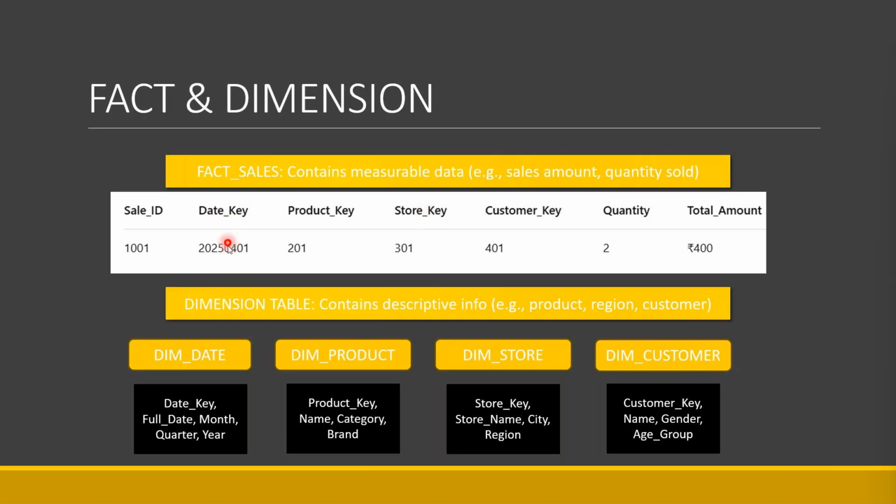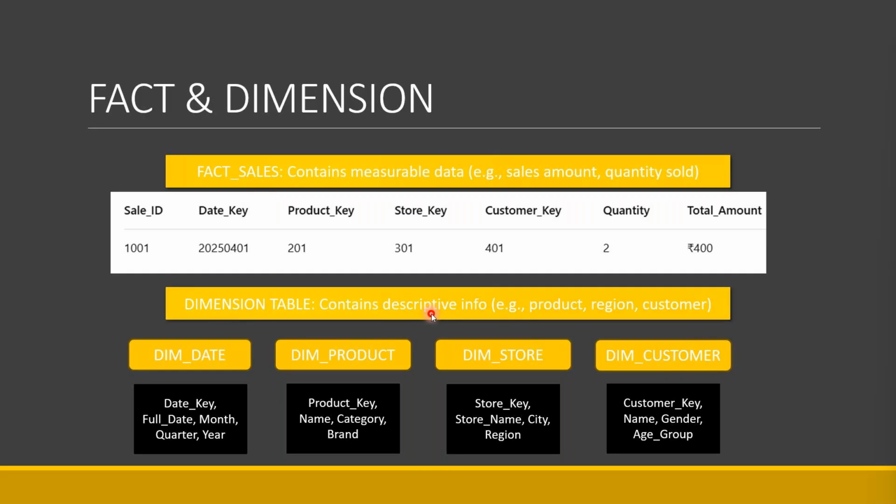These are the keys that are used to identify the related dimension table associated with this fact table. Okay, so when I say dimension, it will contain only descriptive information.